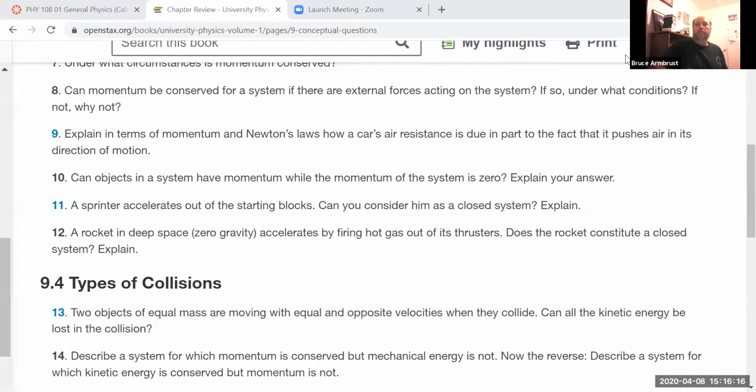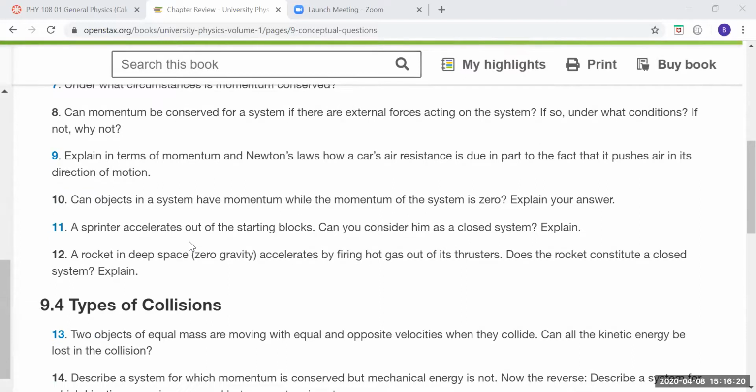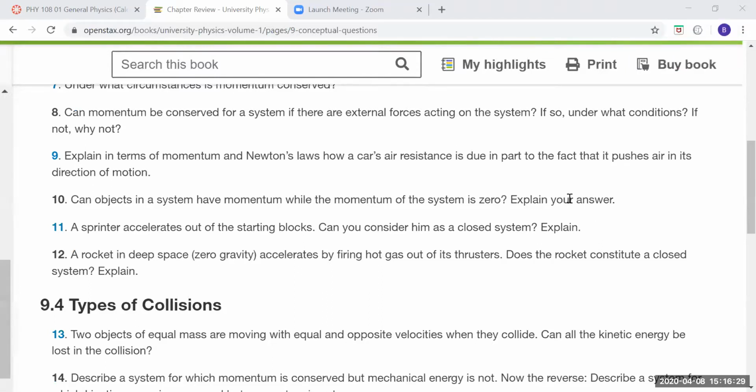Yep, go for it. So number 10, it's can objects in the system have momentum while the momentum of the system is 0? Okay. So I argued that yes, it's possible, and I thought about it in terms of vectors. So suppose you have two objects moving towards each other, and they have the same momentum, and they hit, and the net total afterwards would be 0 momentum.